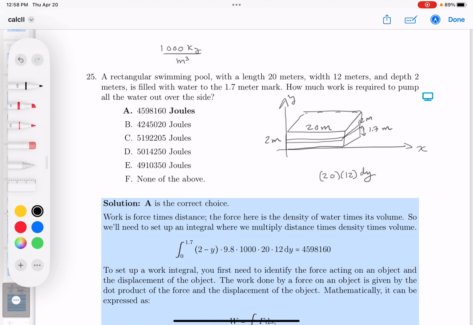And now I'm going to do the water. And what I'm doing now is the density of this thing times the acceleration due to gravity. It reminds me of that last problem we did. And that was 9.8 meters per second squared. What does that give you? 9,800 kilograms.